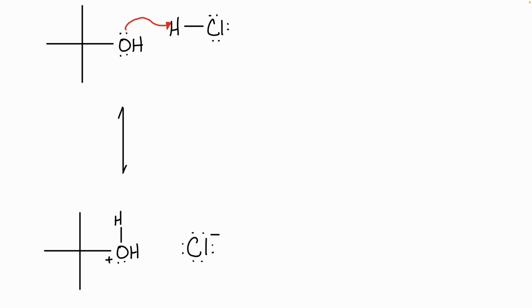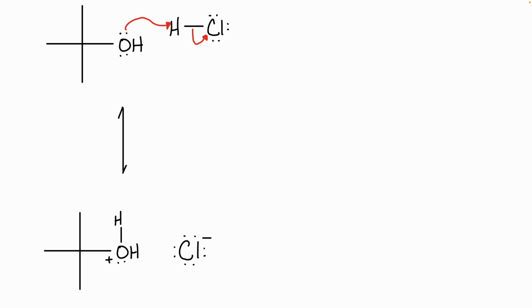All right, am I done? No, I'm also going to have to do what? Break that hydrogen-chlorine bond. So I'm going to start at that bonding pair of electrons and kick it on to that chlorine, to that chloride ion. Cool.